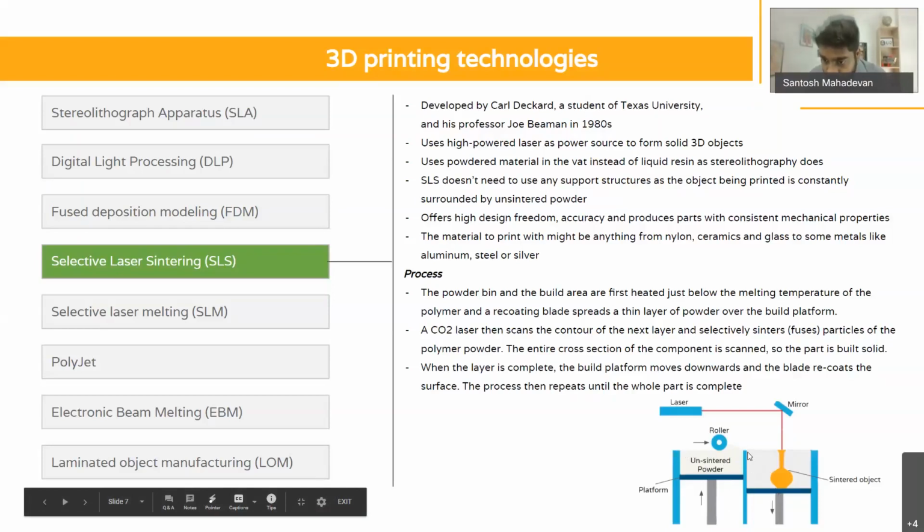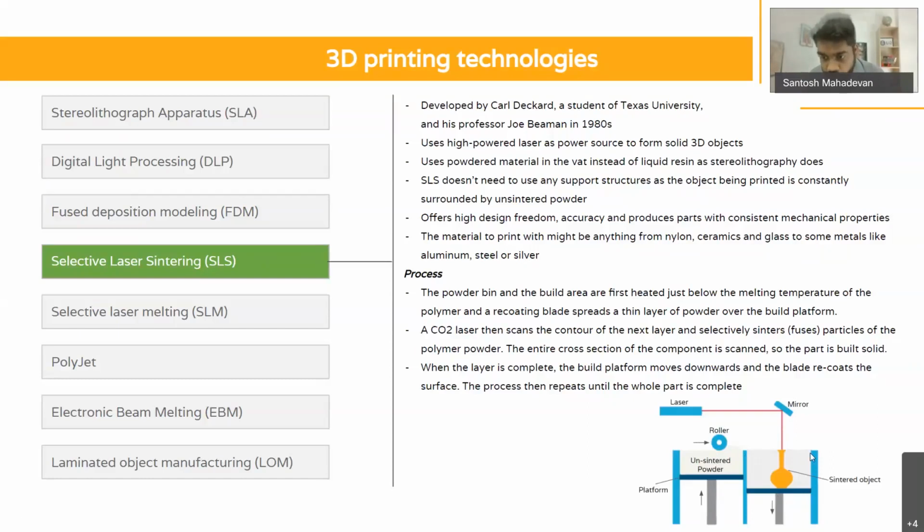Then this platform on top will move down the same height. Basically, the volume of powder getting displaced over here is equal to the volume created over here as a result of this platform moving down. Next, the roller pushes this displaced powder from this platform onto this platform and forms a layer whose height is equal to the height of the object.